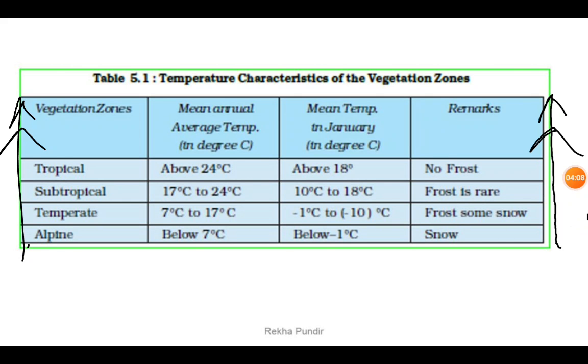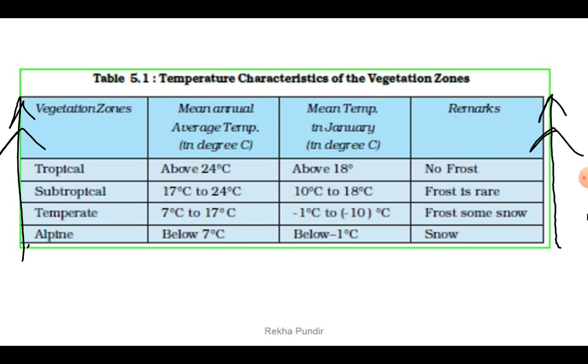So first of all, alpine. The mean annual average temperature in the alpine vegetation zone is below 7 degrees Celsius. You can imagine. In January it comes below -1 degree Celsius, and thus we can say that there is snow over there. Like this we can conclude that in tropical it is above 24 degrees Celsius, in subtropical 17 to 24 degrees Celsius, in temperate 7 to 17 degrees Celsius.